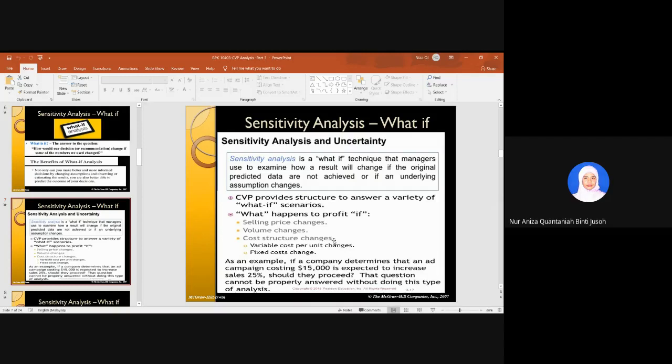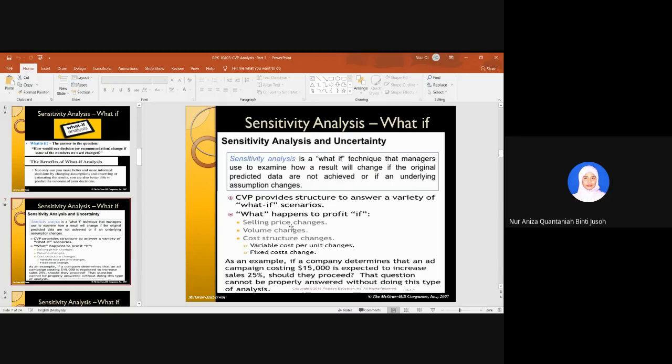Cost structure changes means whether the variable cost changes from the original amount, or the fixed cost changes from the original amount. Whether the variable cost increases or decreases, or fixed cost increases or decreases, this is the change in cost structure.